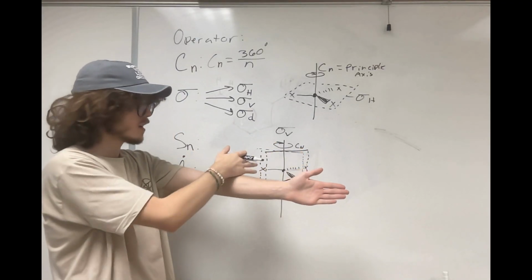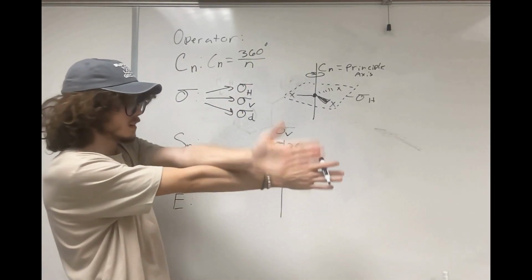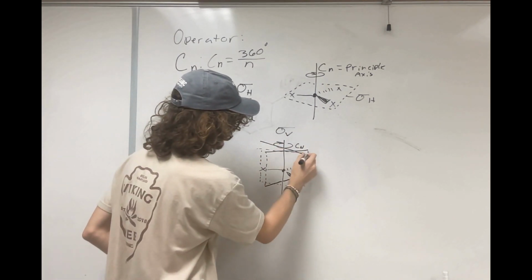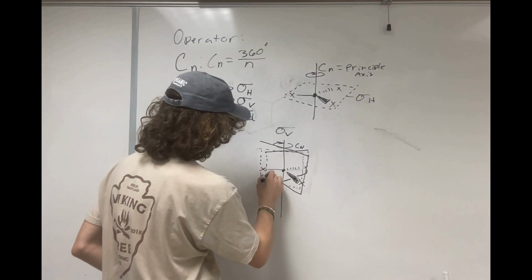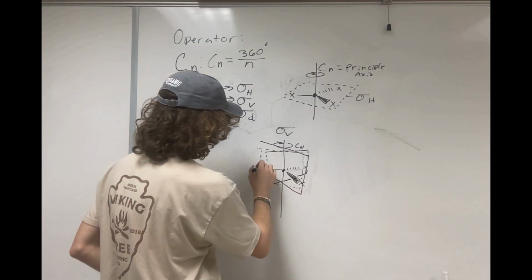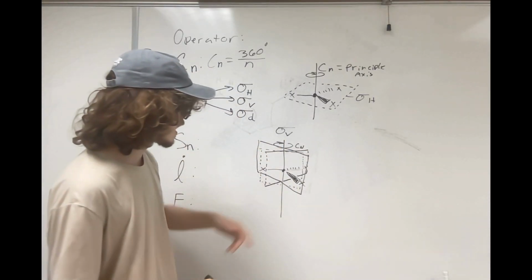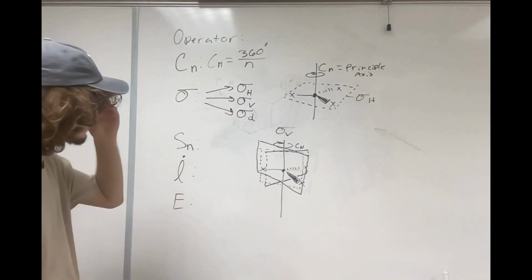So here's our initial sigma v. That plane is going to come out this way. I'm going to draw this so bad. Oh my goodness. I said I wouldn't do it, but I did. Hopefully you can see that plane is now coming out and encapsulating this X group here.